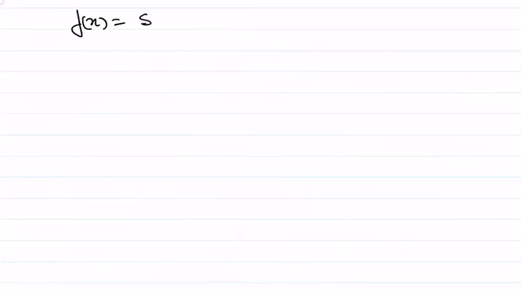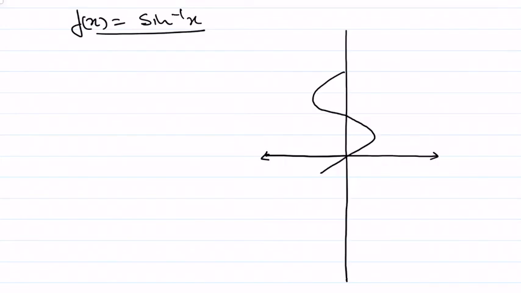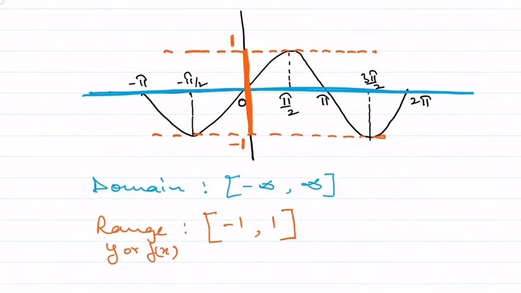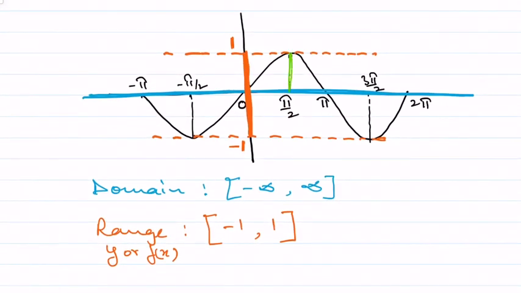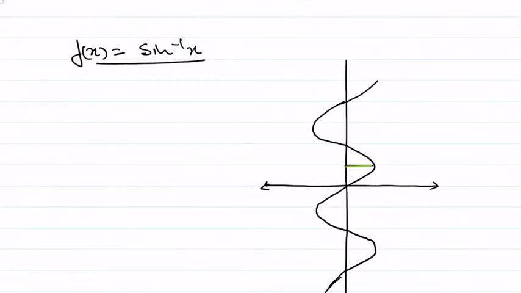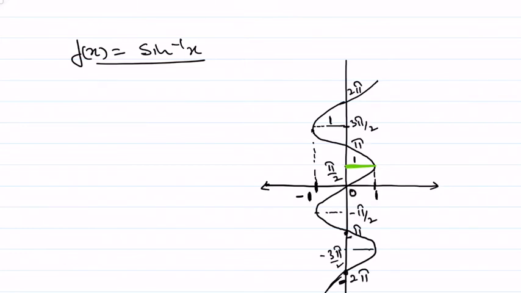And now for the function f(x) = sine inverse x. This distance is the same as the height of this curve, and that is 1. So from 0 to 1 here, and similarly this will be 1, so it will give us -1. So the domain of sine inverse x will be -1 to 1.